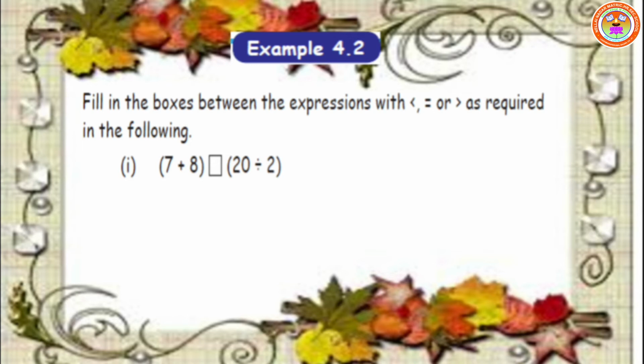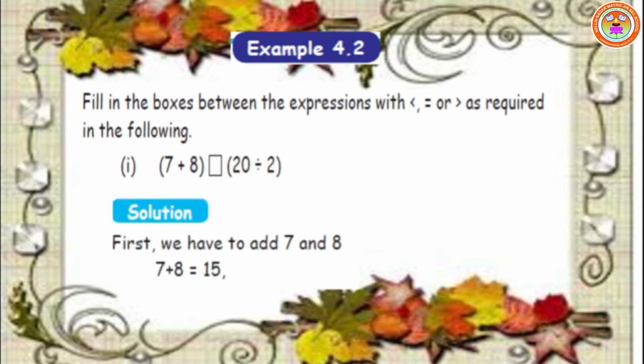See, here they have given two different expressions. First one is 7 plus 8. Another one is 20 divided by 2. How to do this problem? We have to tell whether these two expressions are less than, greater than, or equal to each other. First step, we have to add 7 plus 8.